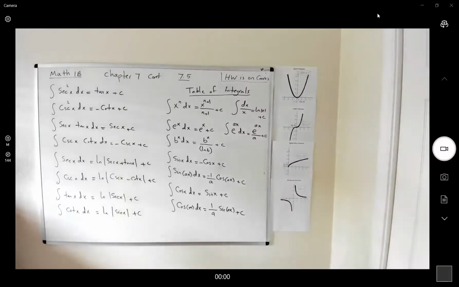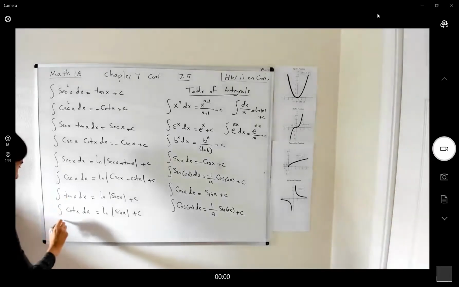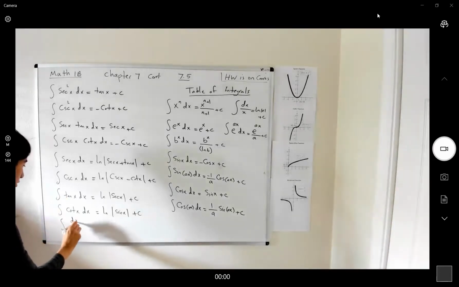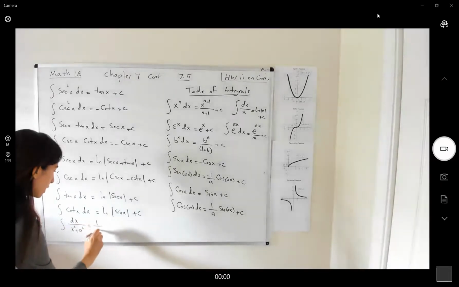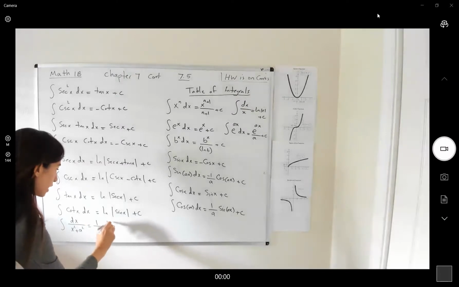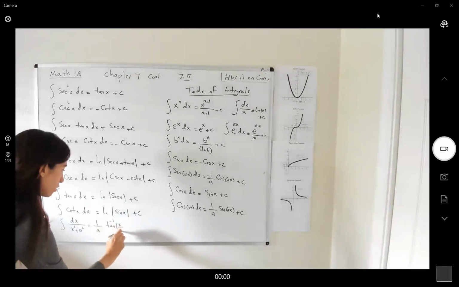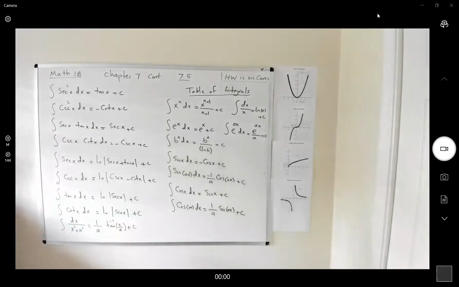Very well. If you have the integral of dx over x squared plus a squared, this is equal to 1 over a inverse tangent of x over a plus c.